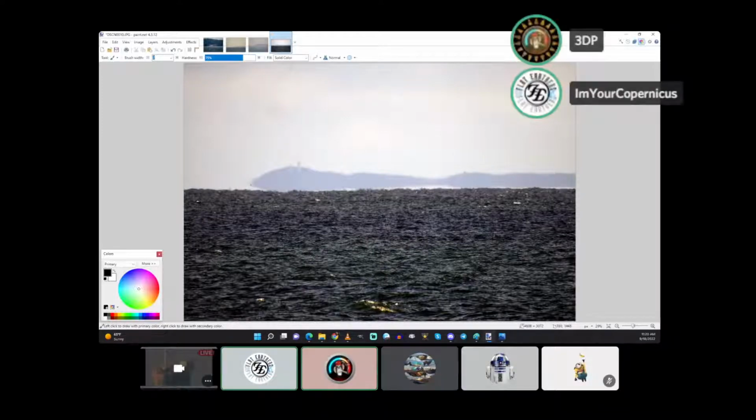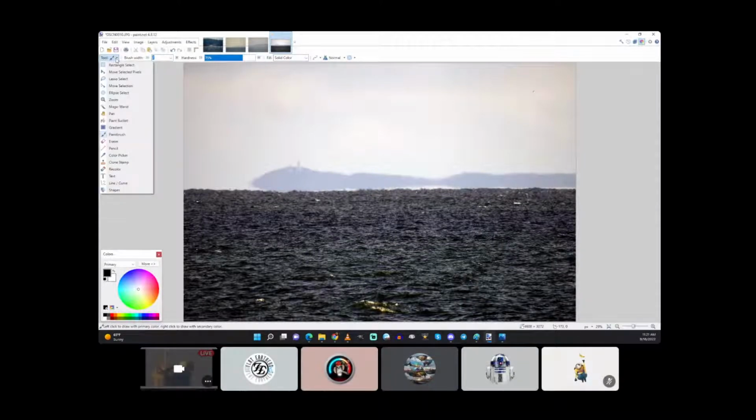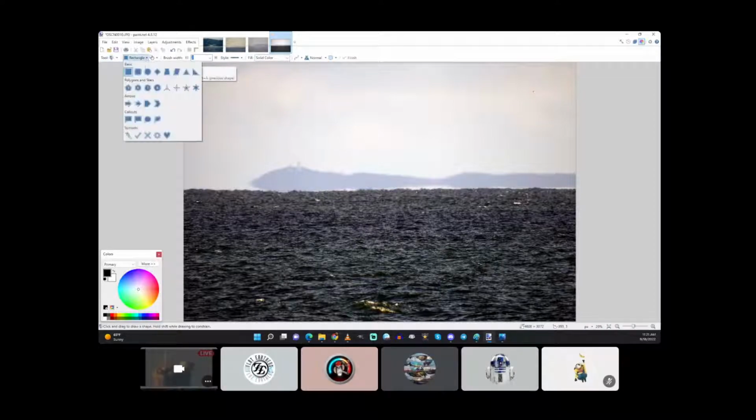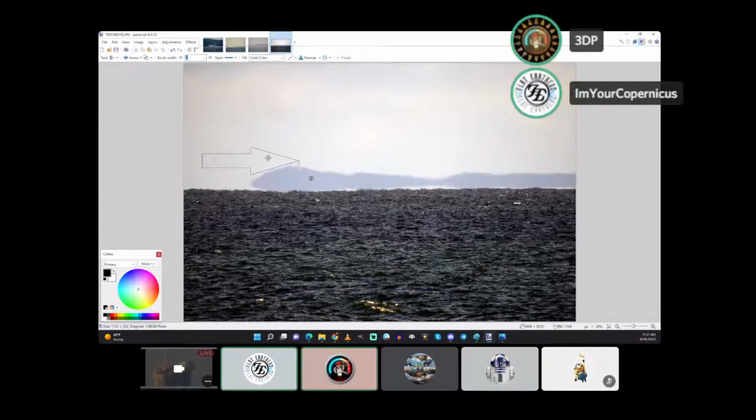So just to walk through this really quick. We have the Anacapa Lighthouse, which stands at, I believe, 273-ish feet.